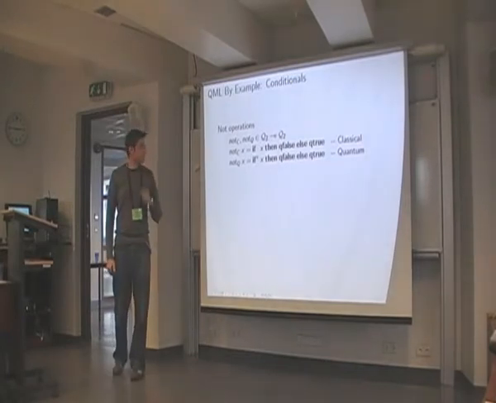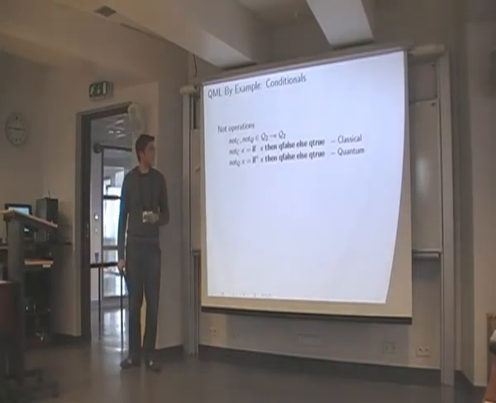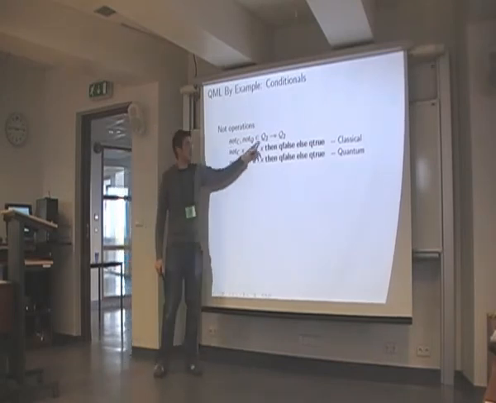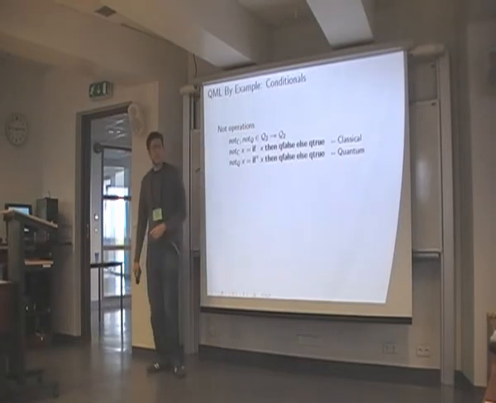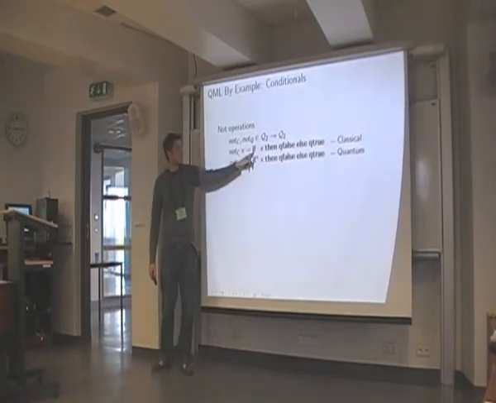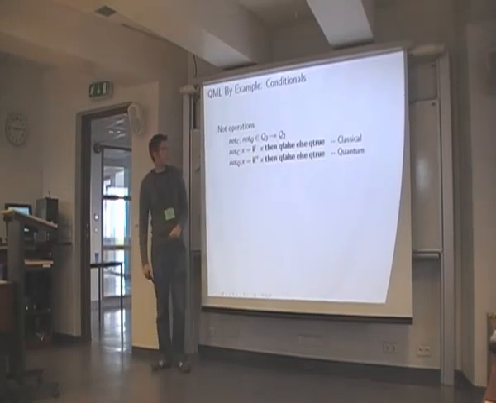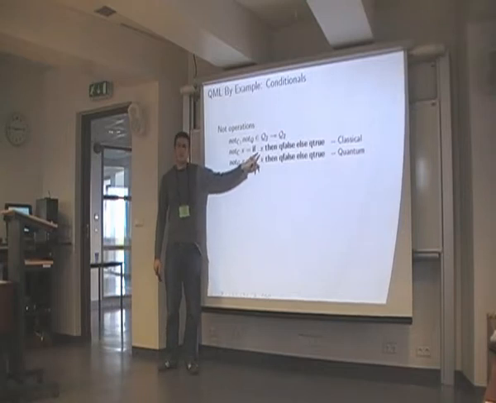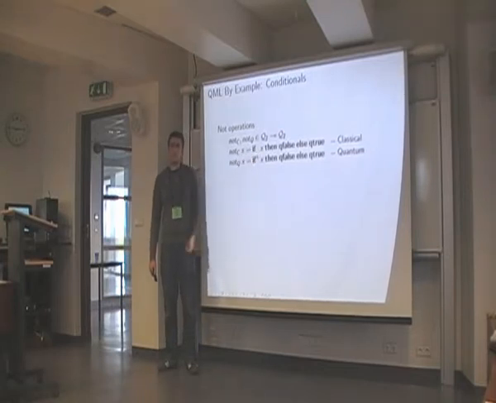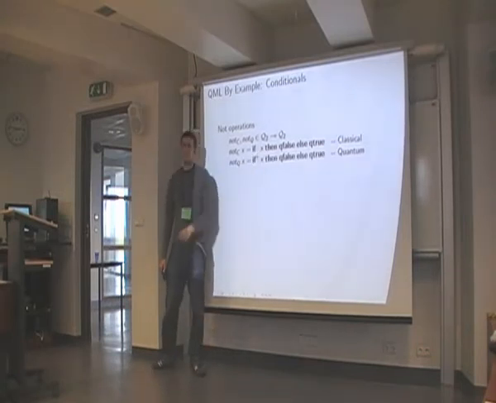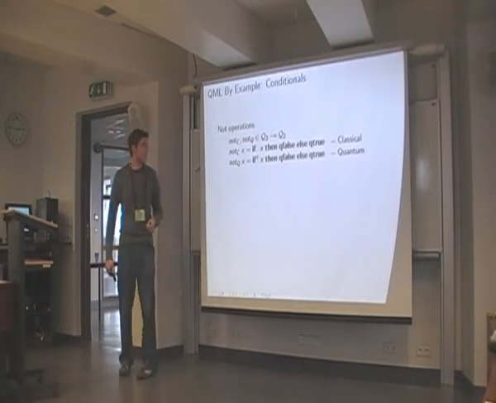So some further examples. We can define a simple not operation. The not operations take a qubit and return a qubit. And the classical not C uses the classical control. What this does is it measures x, so if x is in a superposition, it will probabilistically collapse it to either false or true, and then it will only apply one of the branches.